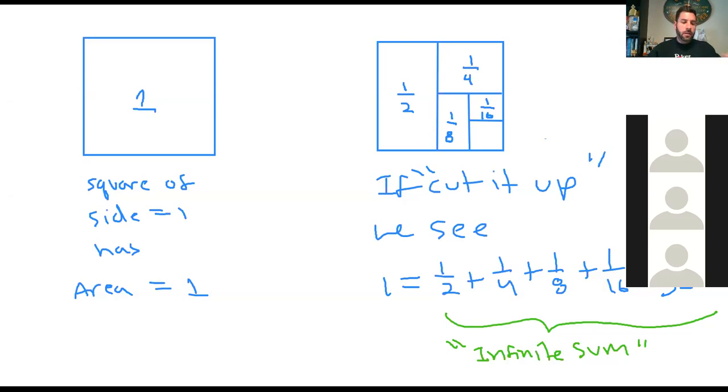So here's what I'm saying. If I have a sheet of paper and I can rip it in half, and then I can take what's left and rip it in half, and then take this piece and rip it in half, and then this in half, and then this in half. And eventually it's going to be so small that my fingers cannot physically rip it in half.